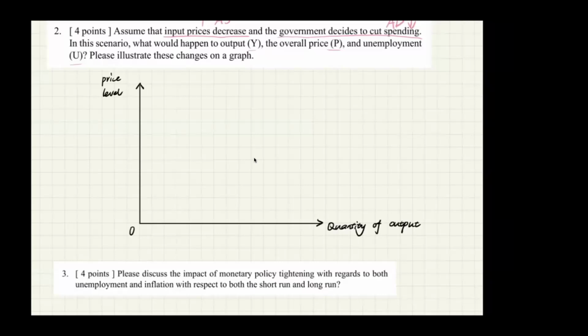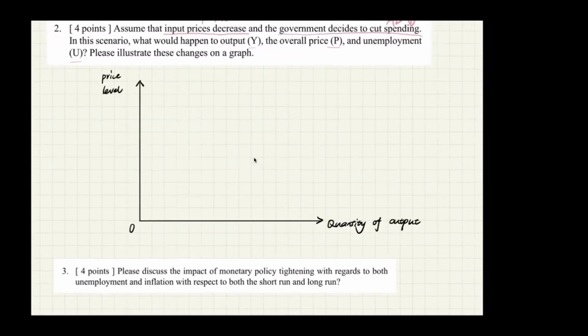I think you should be careful that the x-axis is the quantity of output rather than the output, because in Econ 3, or 2, you know that the quantity of output and the output level or output would be quite different. Okay.